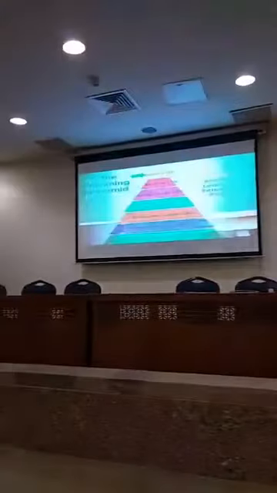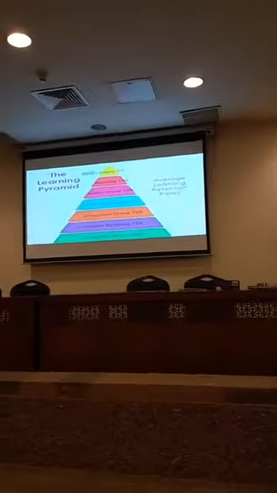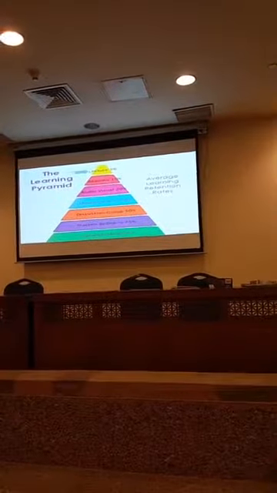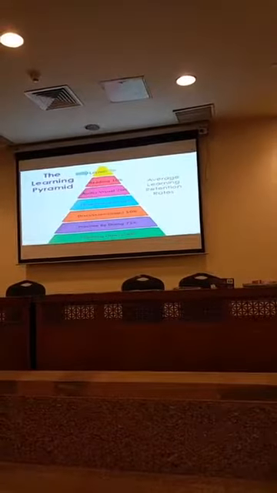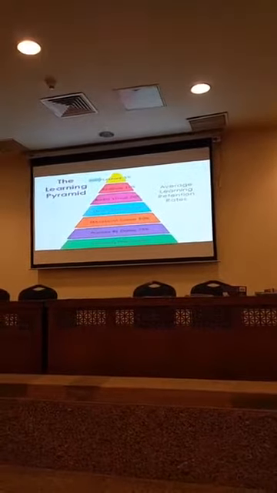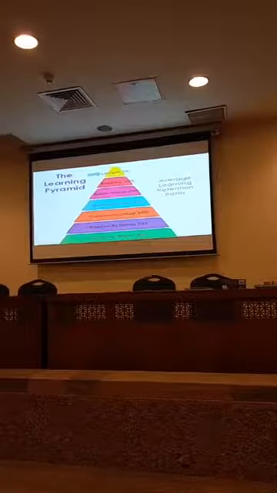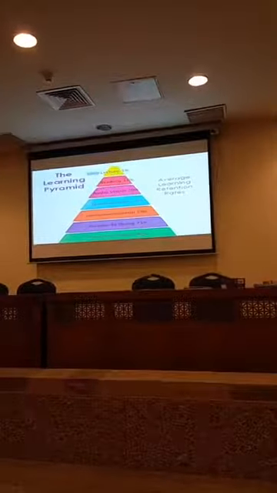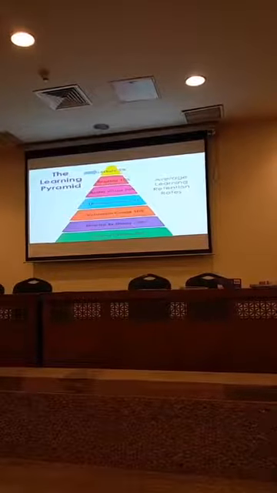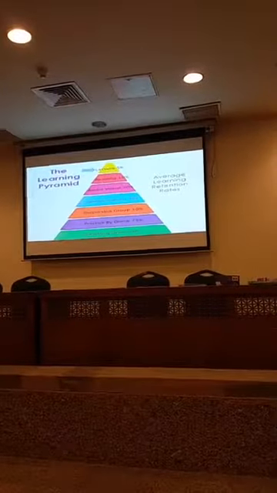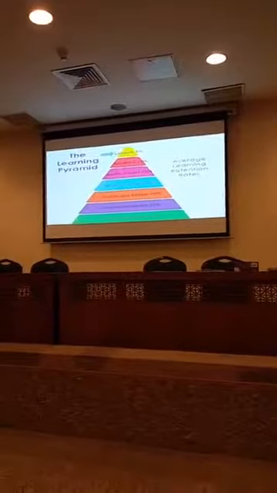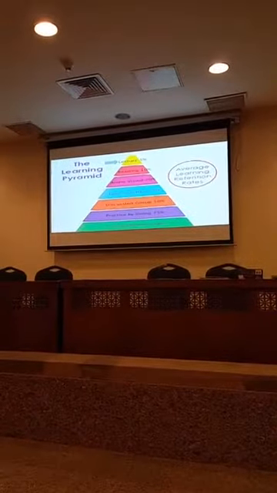This is the idea. This is something about the average learning retention rate. When we lecture only, this is called the learning pyramid, the learners in general retain like 5% only.